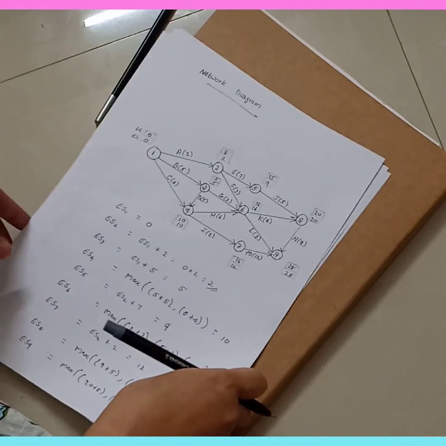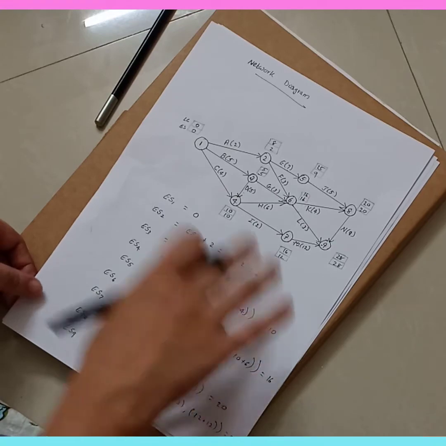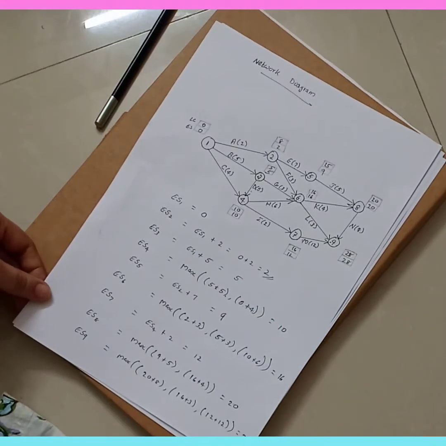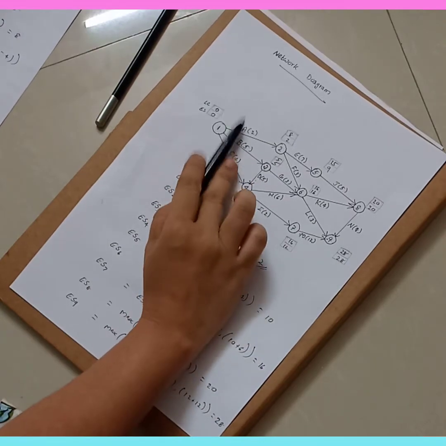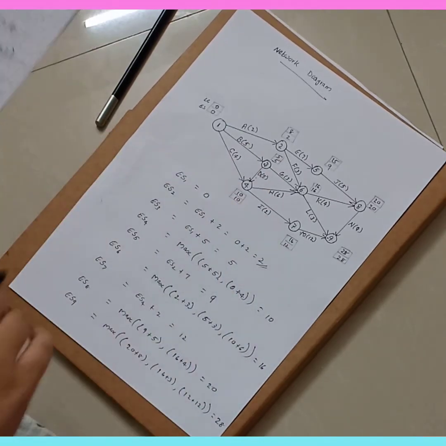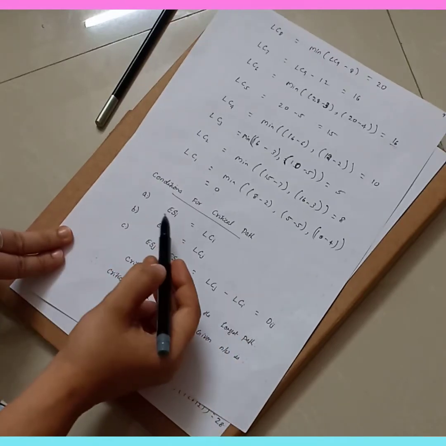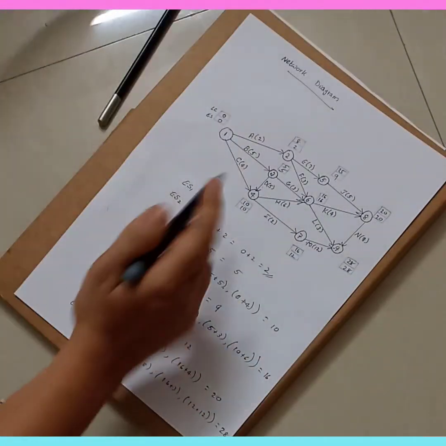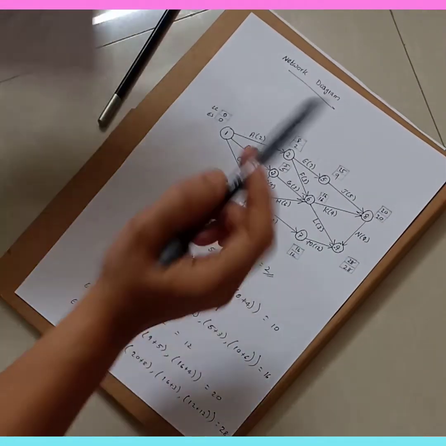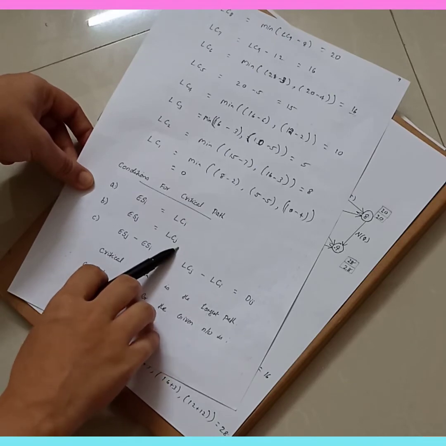Now how will you find out which one is the critical path? After writing down all the ES and LC values, now you need to find the critical path. These are the conditions for the critical path: ESI is equal to LCI, that is ES and LC values should be equal. Then ESJ and LCJ values should be equal.